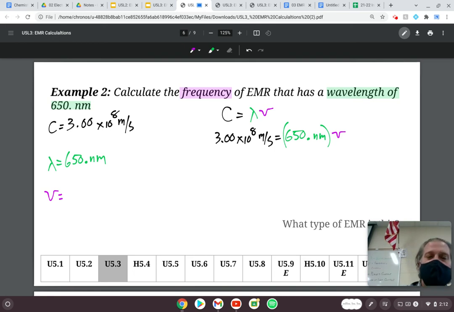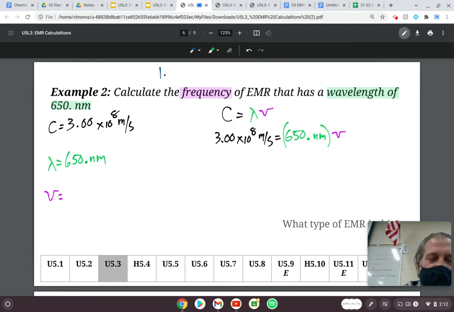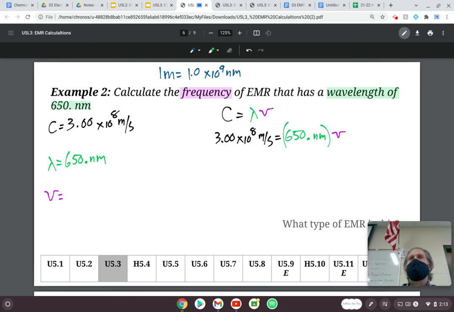So I'm going to remember that 1 meter is equal to 1.0 times 10 to the 9 nanometers, and I'm going to convert that. Am I going to put nanometers on top or on the bottom this time? On the bottom. So I put the 1.0 times 10 to the 9 nanometers on the bottom and the 1 meter on top.